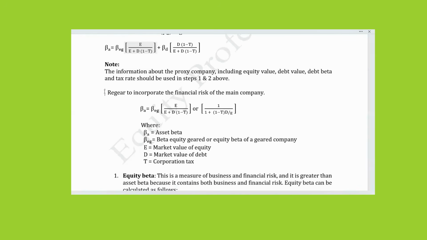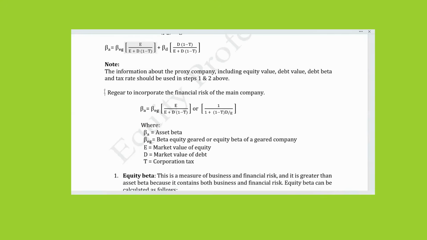So after you have ungeared the beta of the proxy company, you now want to calculate the WACC of the main company. You already have your asset beta, which measures business risk. The next thing you need to do is to incorporate the financial risk of the main company by calculating the geared beta of the main company.